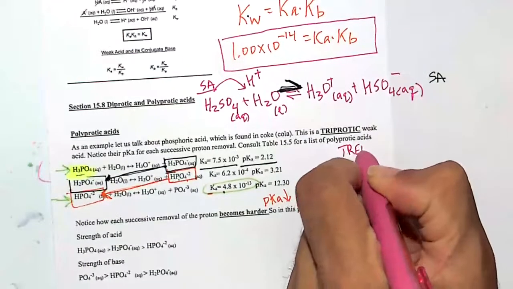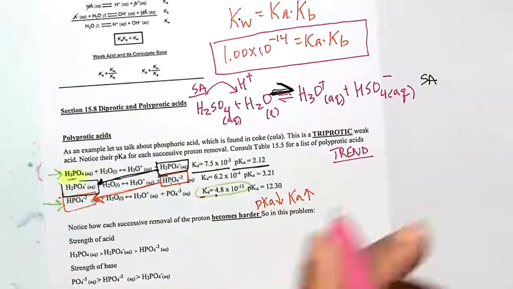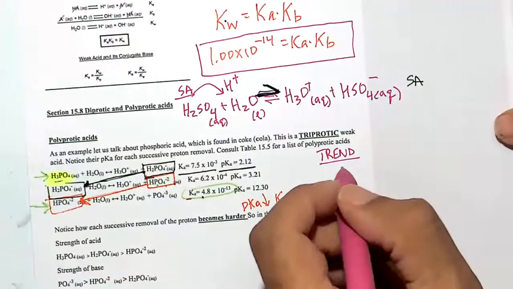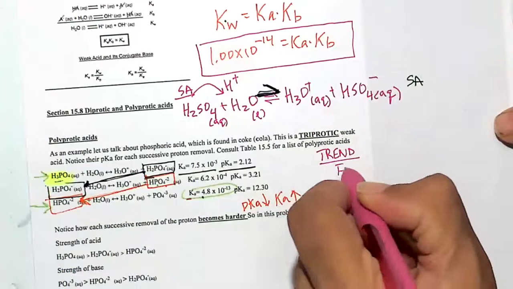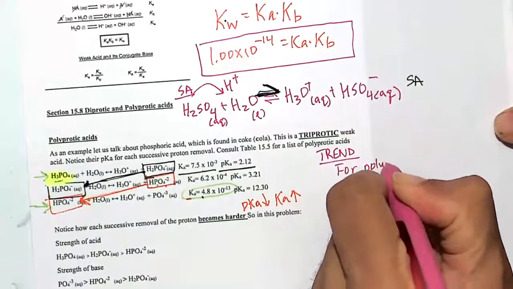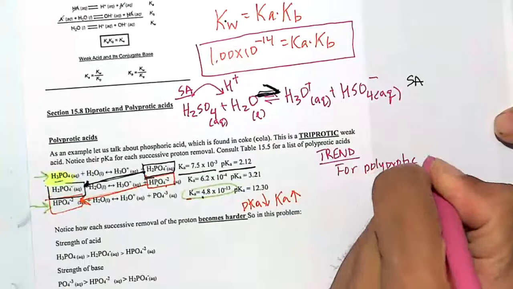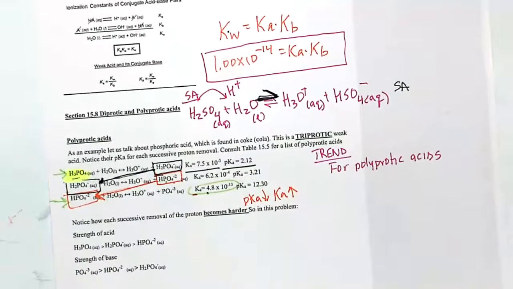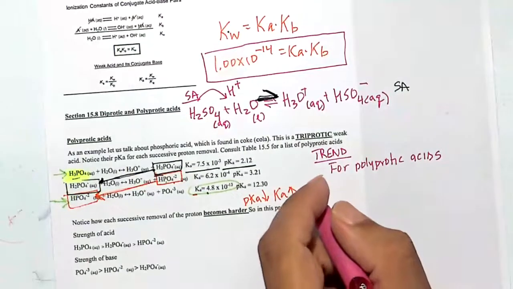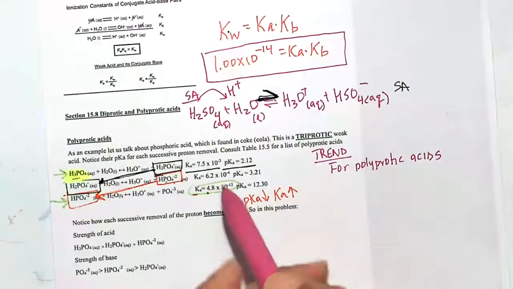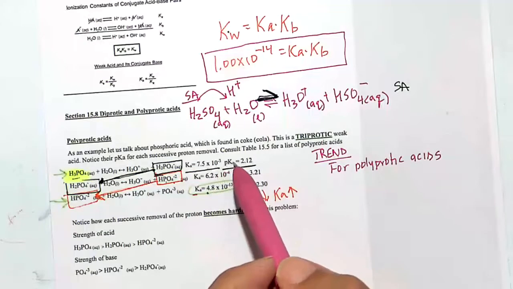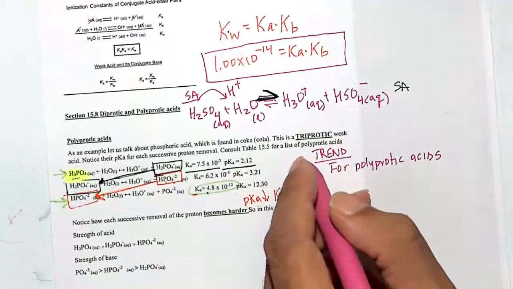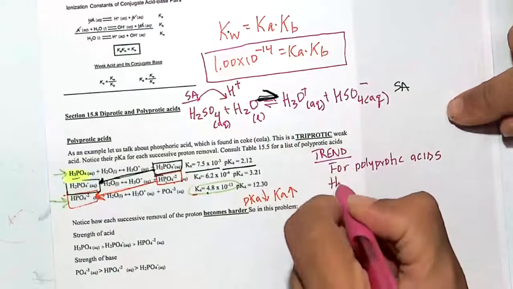The trend for polyprotic acids, which have more than one proton: the first proton is acidic, 7.5 times 10 to the minus 3. The first proton tends to come off easy. It's very good, very acidic.